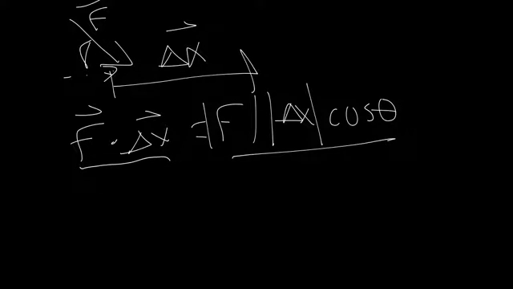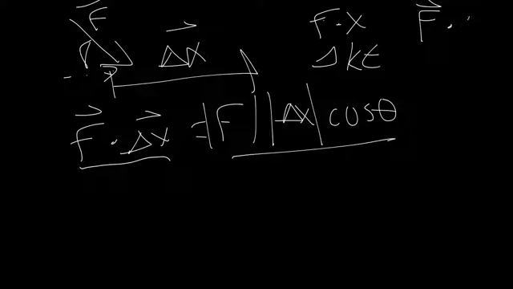And so this is kind of like the third definition of work. So we know that we can find work by saying F times X if they're parallel. We can do it by finding the change in kinetic energy, and we can find it by doing the dot product of the force and the displacement. Okay?